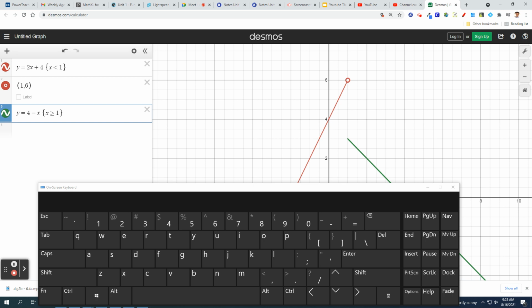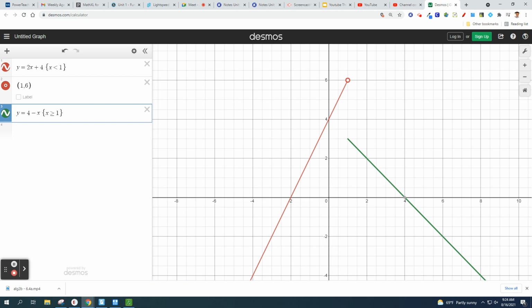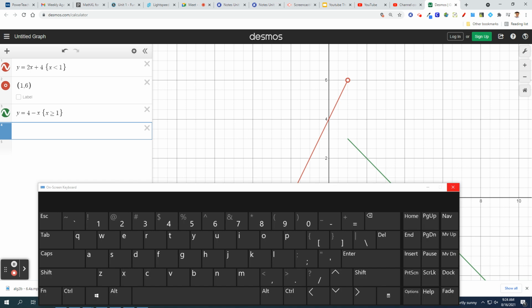All right, great. Notice it showed up there, right? There it is. We've got the other piece of the piecewise function. But it says equals. X is greater than or equal to 1. So this would have like a filled in dot, I suppose. So let's put a filled in dot over there.